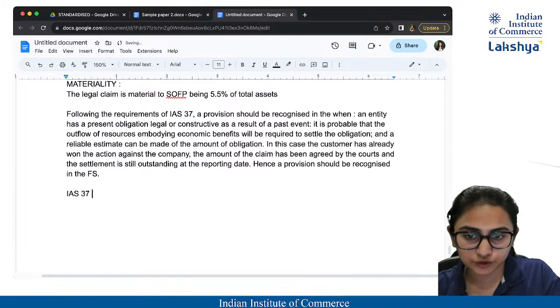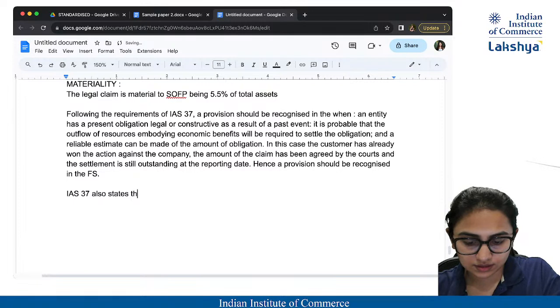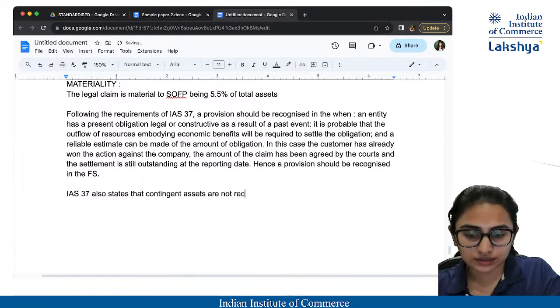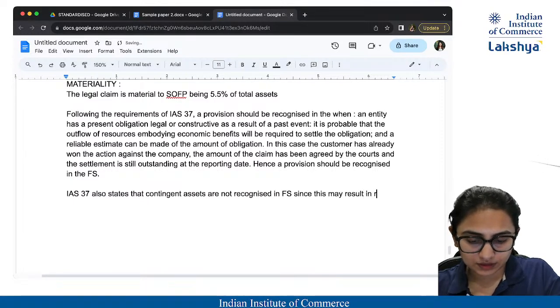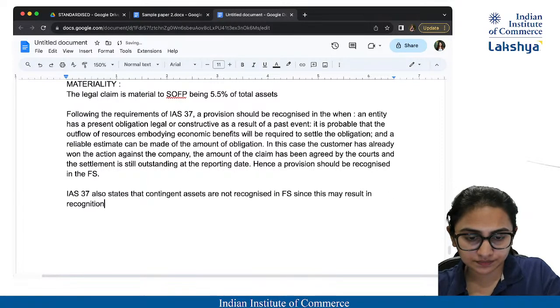IAS 37, that is provisions, contingent liabilities and contingent assets, also states that contingent assets are not recognized in the FS, since this may result in recognition of income which may never be realized.